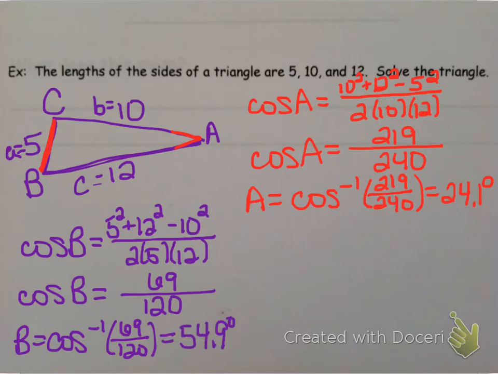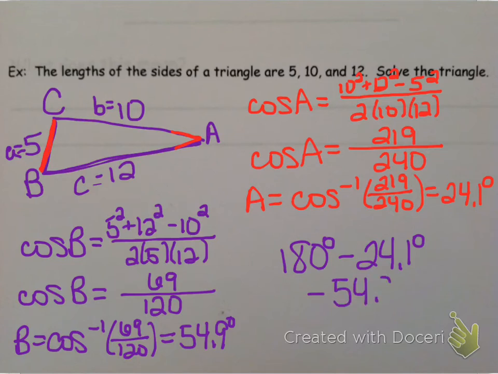And so if I did inverse cosine of that, 69 over 120, that means angle B is going to be 54.9 degrees. And that's all the trig I have to use, because I know there's 180 degrees inside of every triangle. I know angle A is 24.1 degrees. I know angle B is 54.9 degrees. And so that means angle C, when I subtract, is going to be flat out 101 degrees, which once again makes sense.